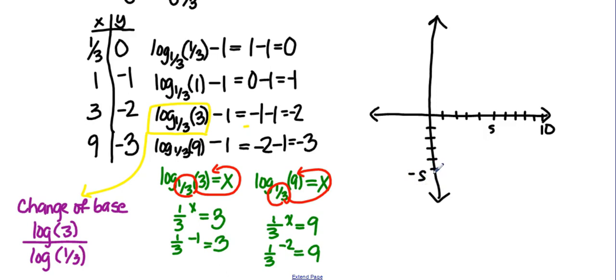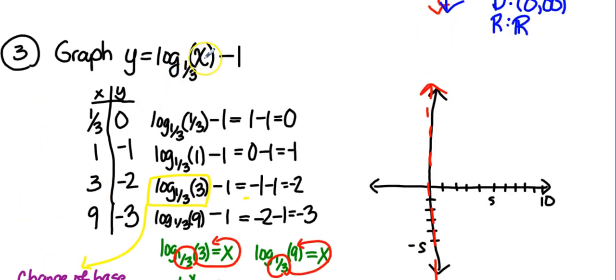Let's plot those points. So asymptote first. Sorry. Vertical asymptote at x equals 0, because once again, we have nothing being subtracted from x inside the argument.